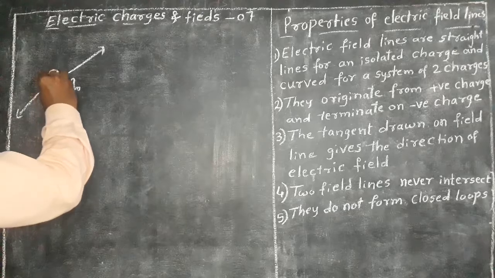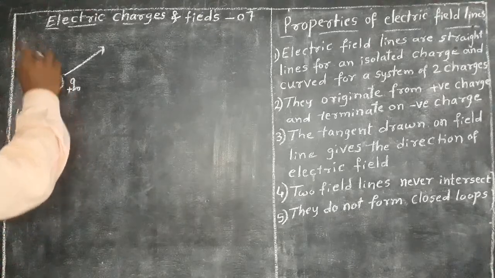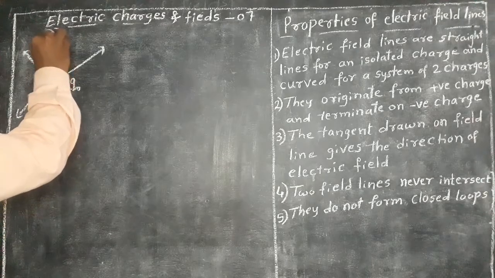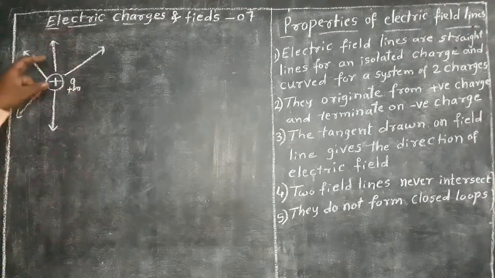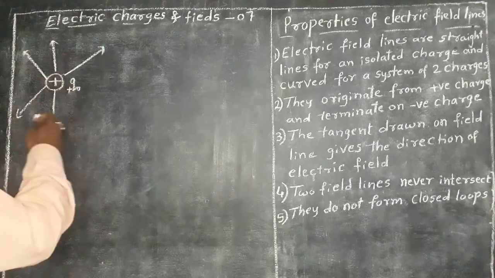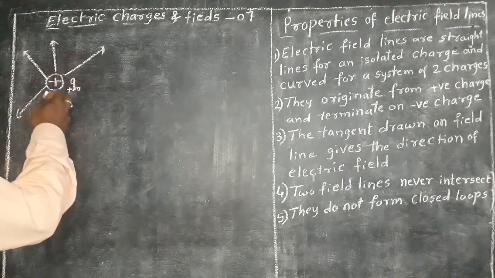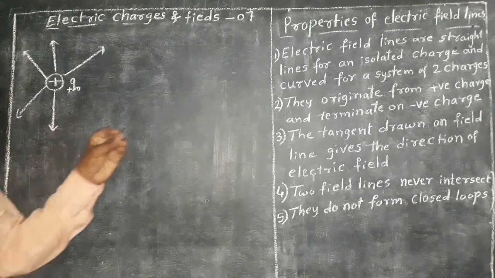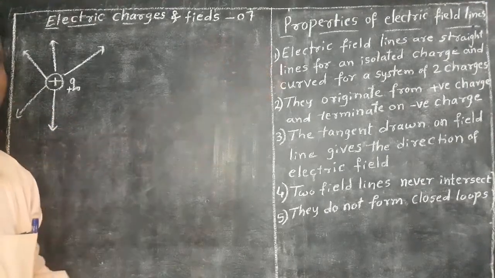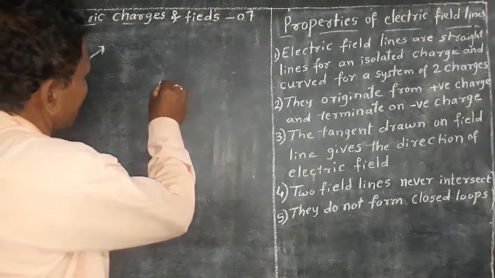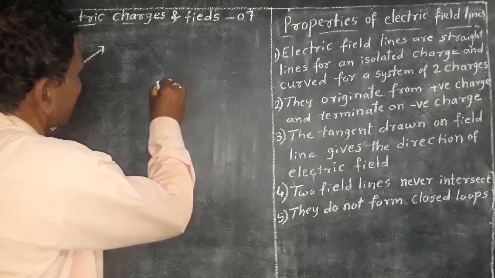And these are the imaginary lines drawn along which a test charge can move. These imaginary lines along which a test charge can move are called electric field lines.